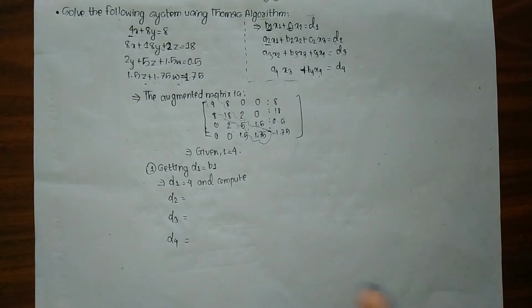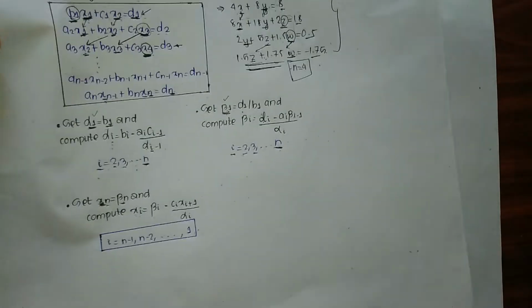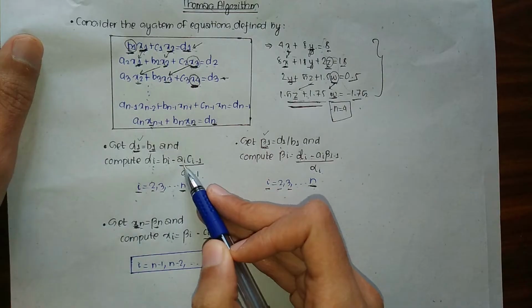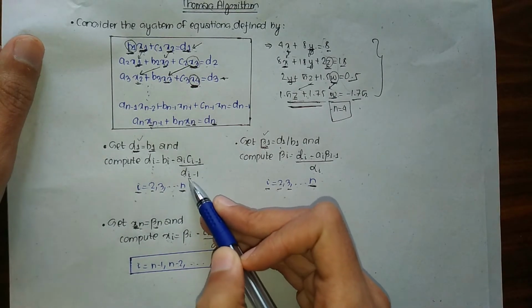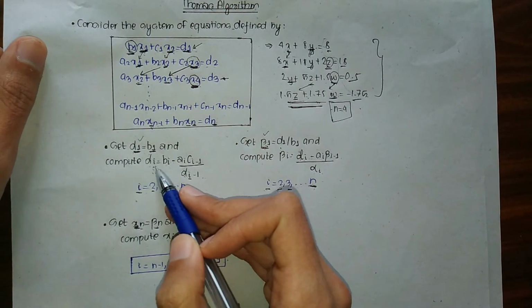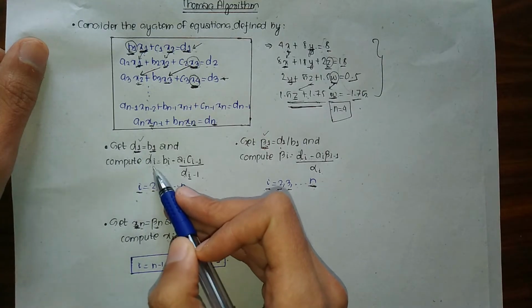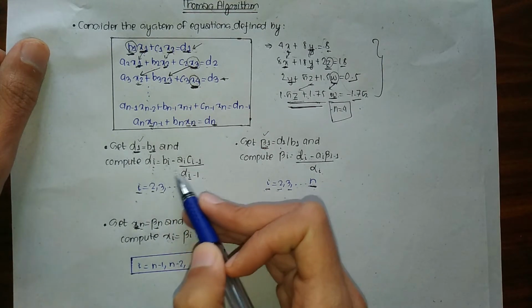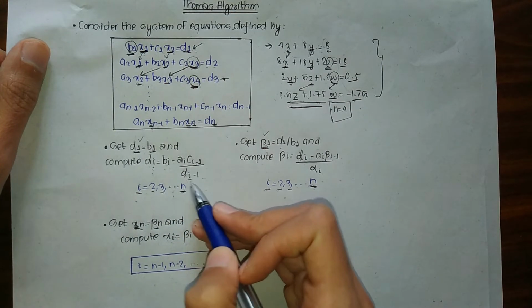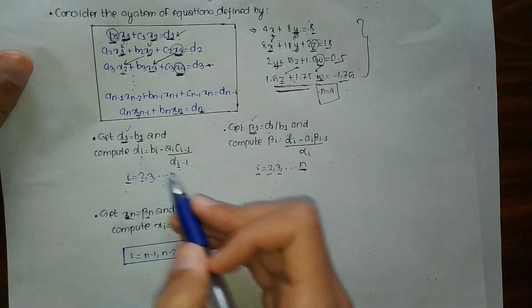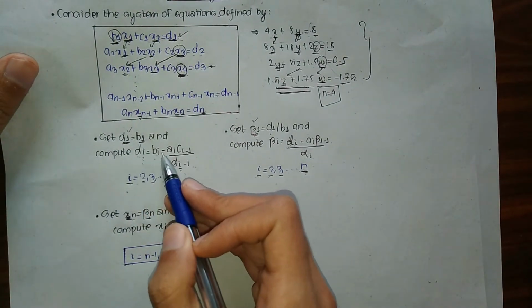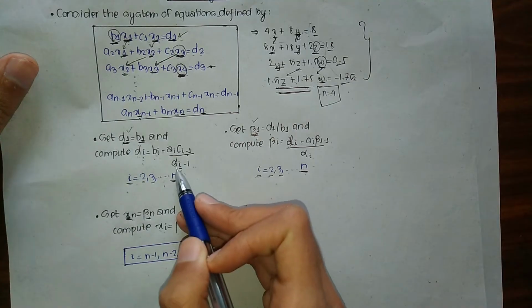As explained before, our formula for alpha I is b_i minus a_i c_(i minus 1) divided by alpha (I minus 1). So if we put the value of 2 over here, we get alpha 2 equals b2 minus a2 c1 divided by alpha 1.